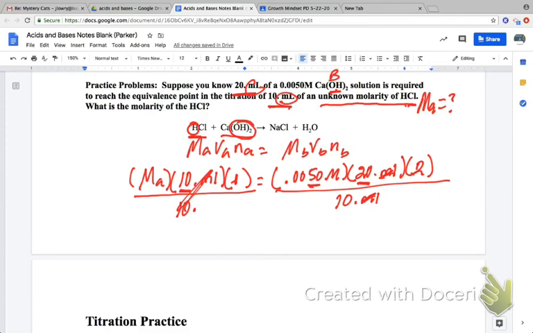And when I do my math, I'm going to end up with 0.020 molar, because I was trying to find the strength. And that would be the strength of my unknown acid. 2 sig figs. This leading 0 right here does not count as a sig fig.